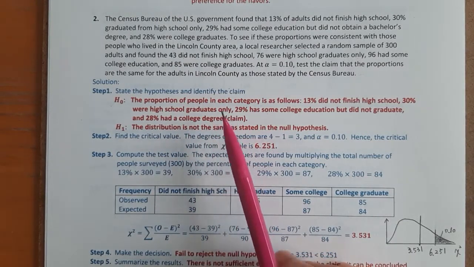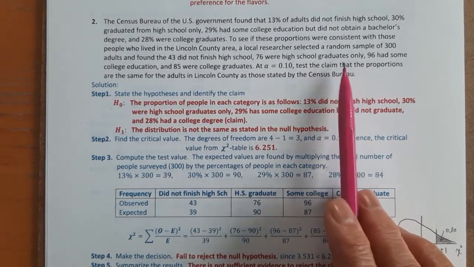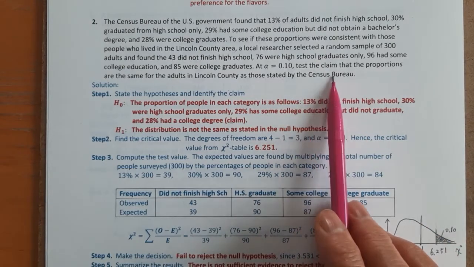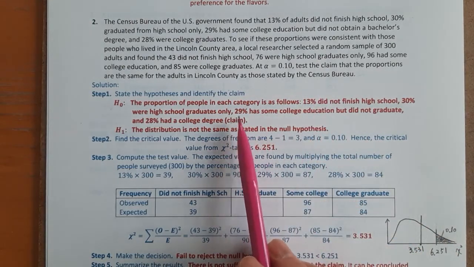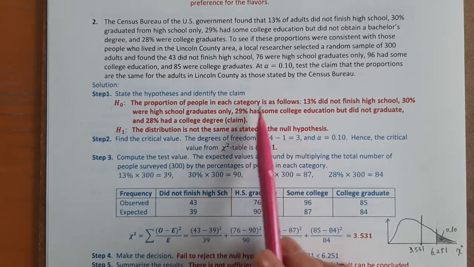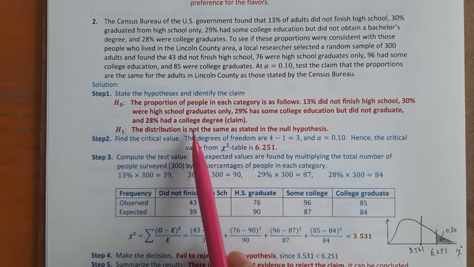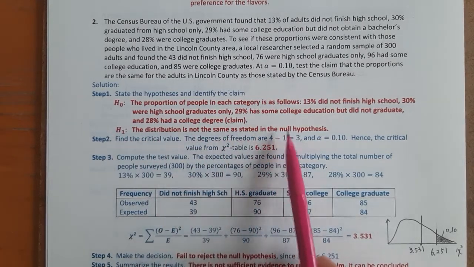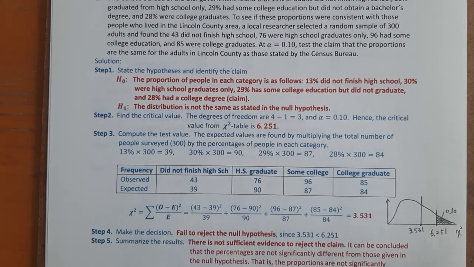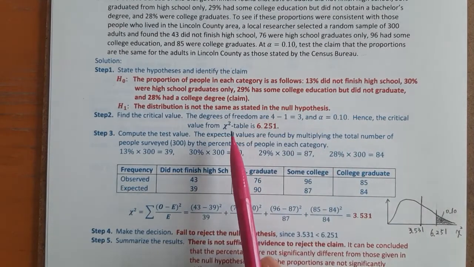This is the claim, because we test whether the sample has the same proportion as the population, the same percentage. H1 is that the distribution is not the same as stated in the null hypothesis, not the same as the percentages from the Census Bureau.